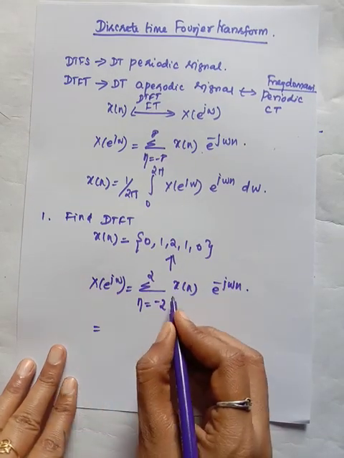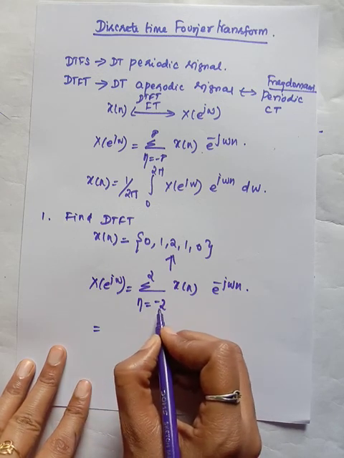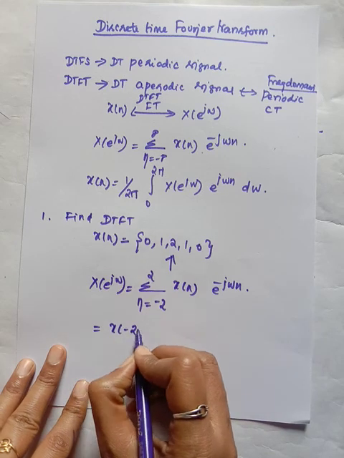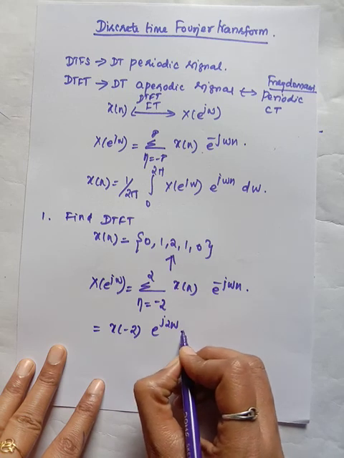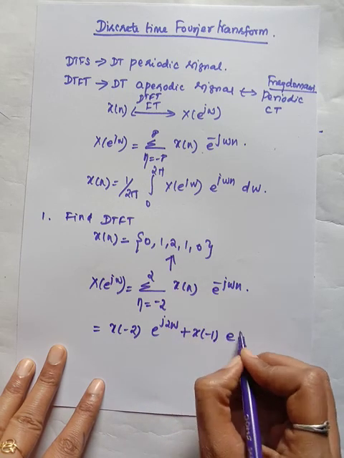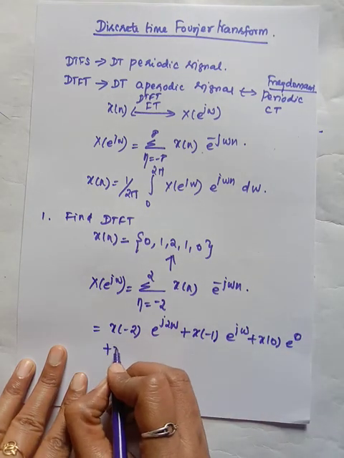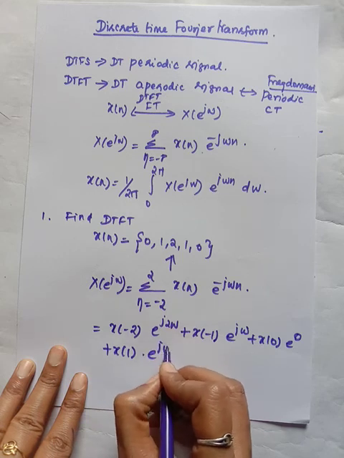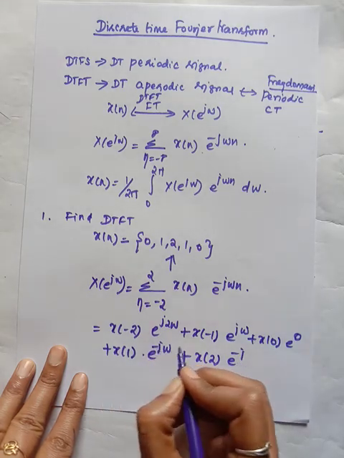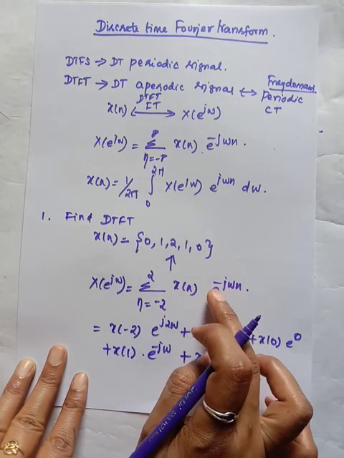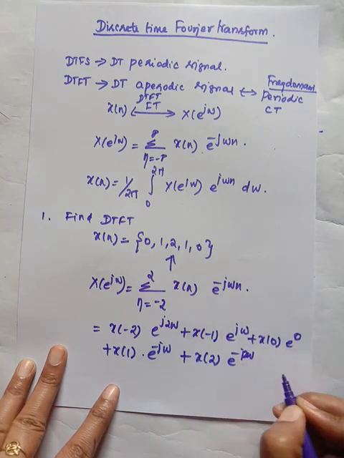Now I am going to expand this summation. First I substitute n equal to minus 2: x of minus 2 e power j 2 omega, plus x of minus 1 e power j omega, plus x of 0 into e power 0, plus x of 1 into e power minus j omega, plus x of 2 into e power minus j 2 omega.